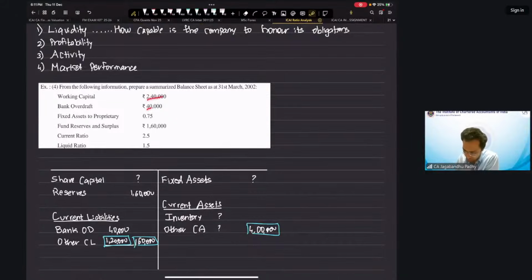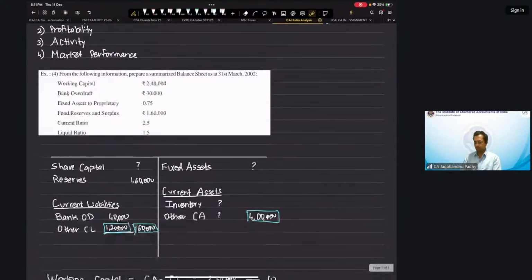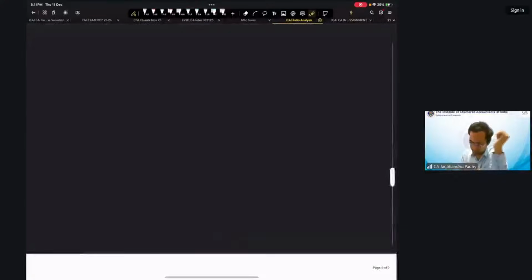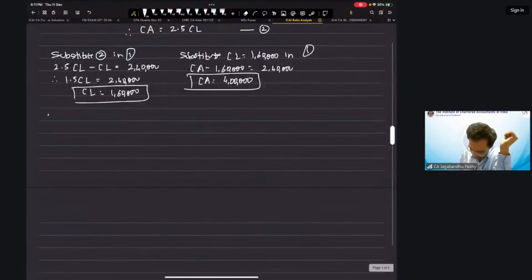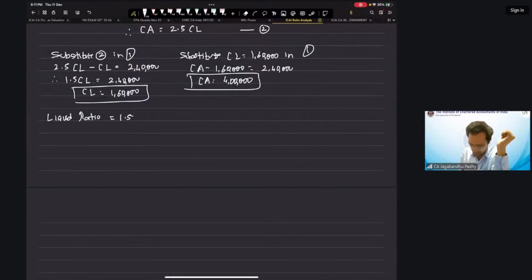So we have 240 and bank OD, it is done. Then we have the liquid ratio of 1.5. Liquid ratio is current asset minus stock upon current liability.